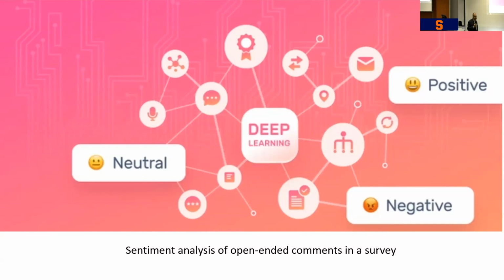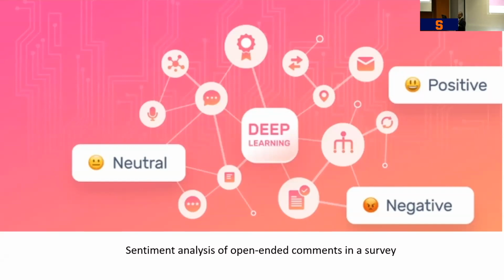The first simple question is, is it good or bad? Then you might ask, what is it good about and what is it bad about? These are exactly things that you will learn at the iSchool on how to do. This is a very common topic called sentiment analysis and then topic analysis, where you can look at what people are writing, figure out what they're writing about, and what they're saying about it.